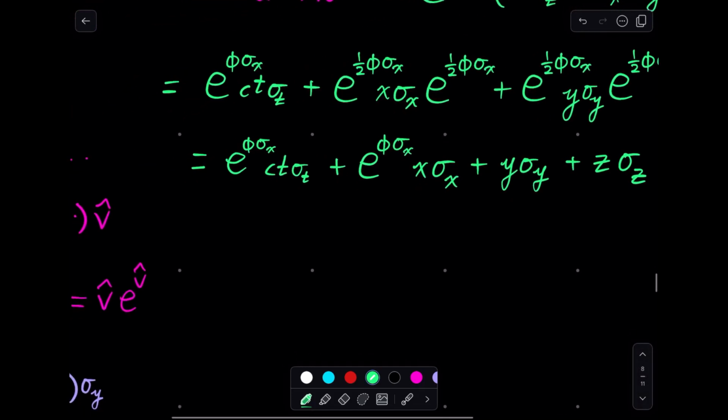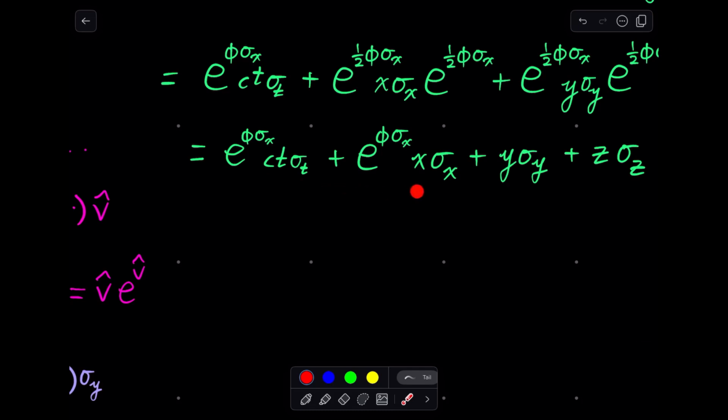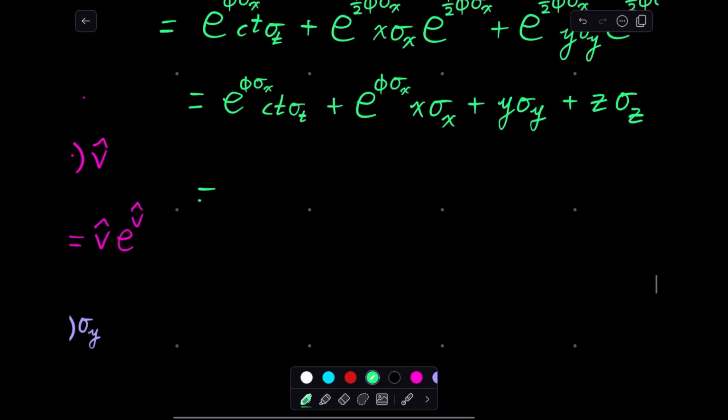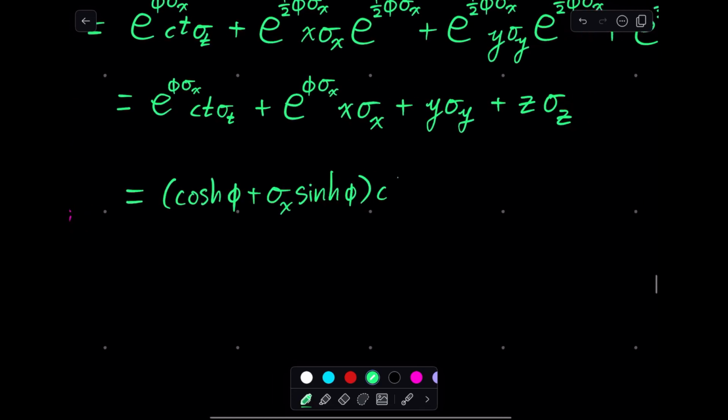So the only two terms that are affected by the Lorentz transformation are the time component and the component in the direction of motion. So this can be expanded. So you can have cosine of phi plus sigma x sine of phi, ct sigma t.